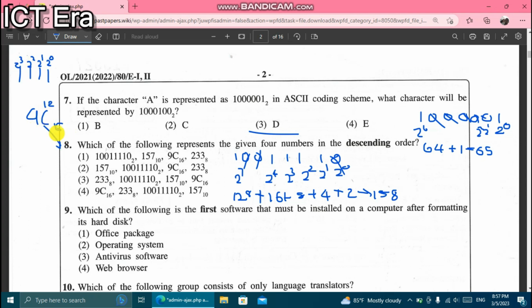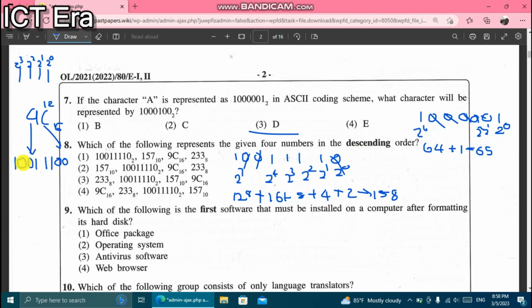Now here C represents 12, so we can make 12 by 8 plus 4. So I can write 1 1 and these two zeros. And then 9 I can make as 8 plus 1. That means 1, then 0, 0, 1.